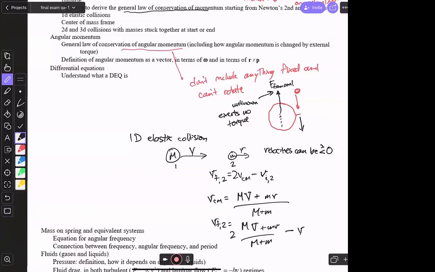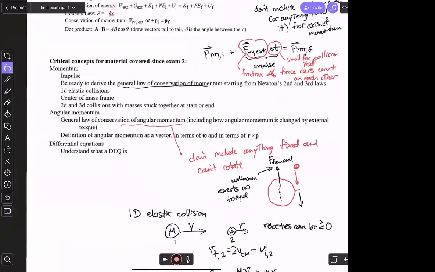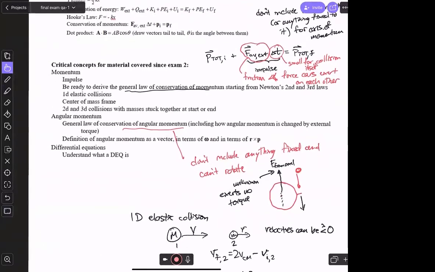Okay. Continuing down our list. I think we'd only gotten as far as impulse. So be ready to derive the general law of conservation of momentum starting from Newton's second and third laws. 1D elastic collisions, we just did an example.